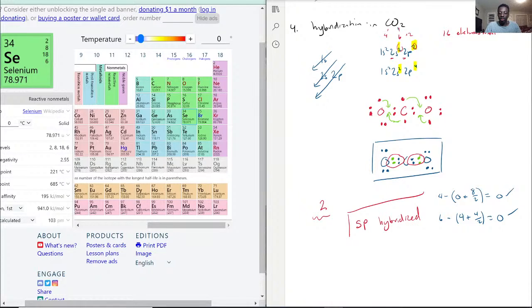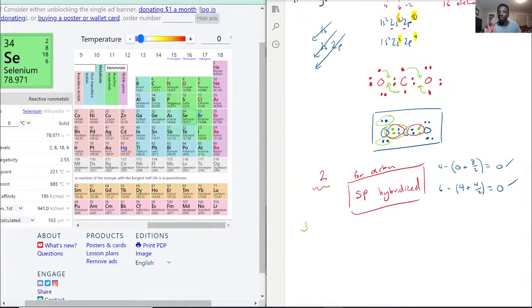So that is what carbon is in CO2. I'll specify that here for carbon. For the oxygen, if you count it as well, you see it has 1, 2, 3. So oxygen has a hybridization number of 3. And when you do that, you just add another p orbital, so it would be sp2 hybridized for oxygen.